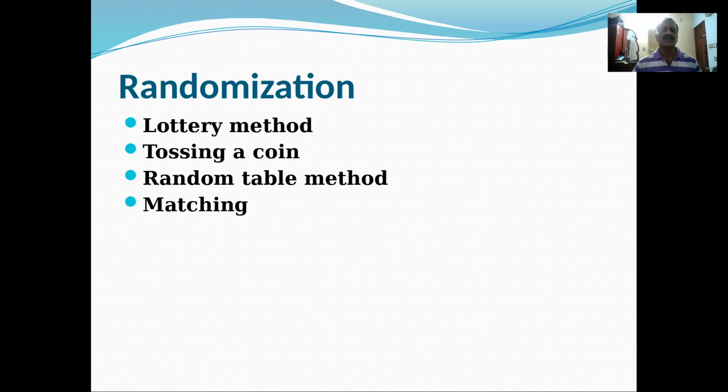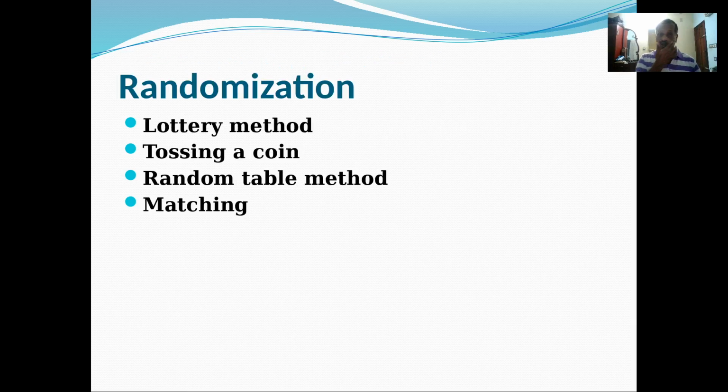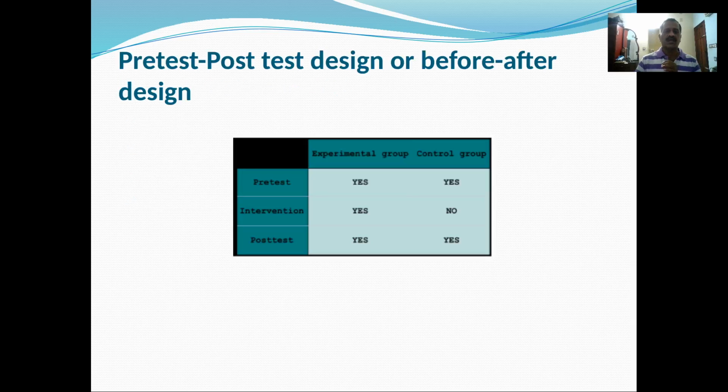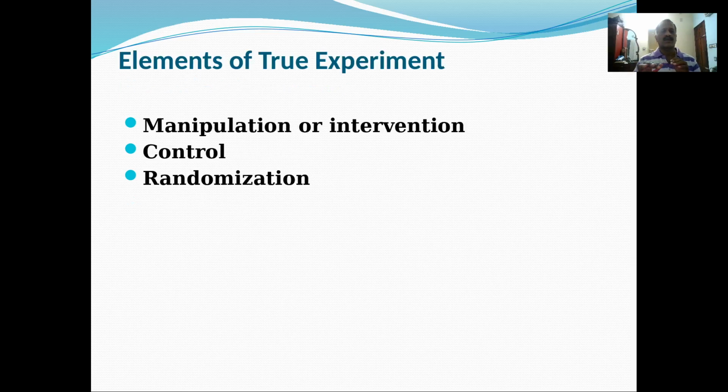That is what we call randomization. For that we have several methods: lottery method, tossing a coin, random table method, and matching. And before that we have control and manipulation or intervention.